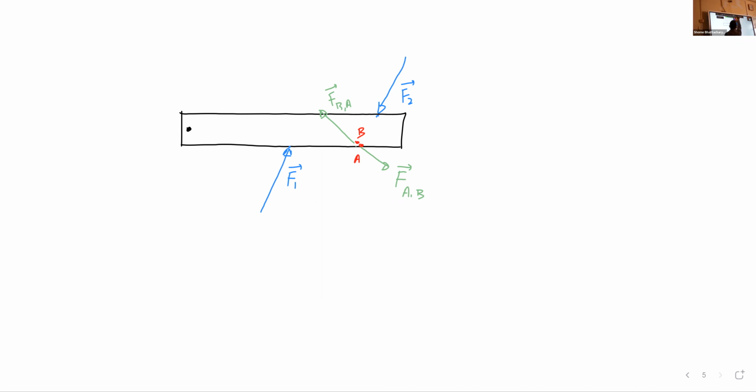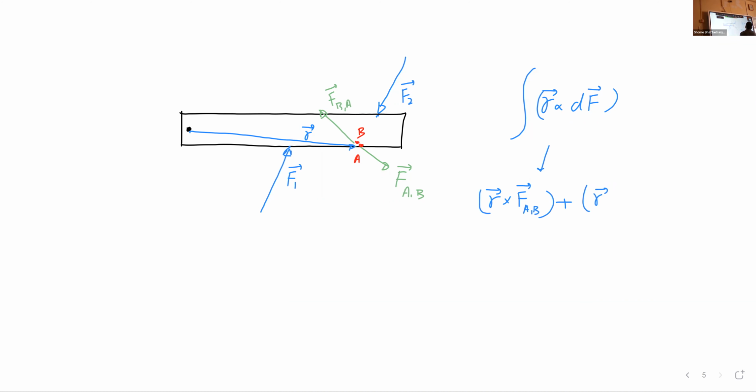Both the forces are acting at the common interaction point between them. So for both those forces, what is the position vector? It is this common R vector. So when I'm doing that integration of the R cross F term, how will the contribution of these two come in? These will come in as R cross FAB plus R cross FBA.